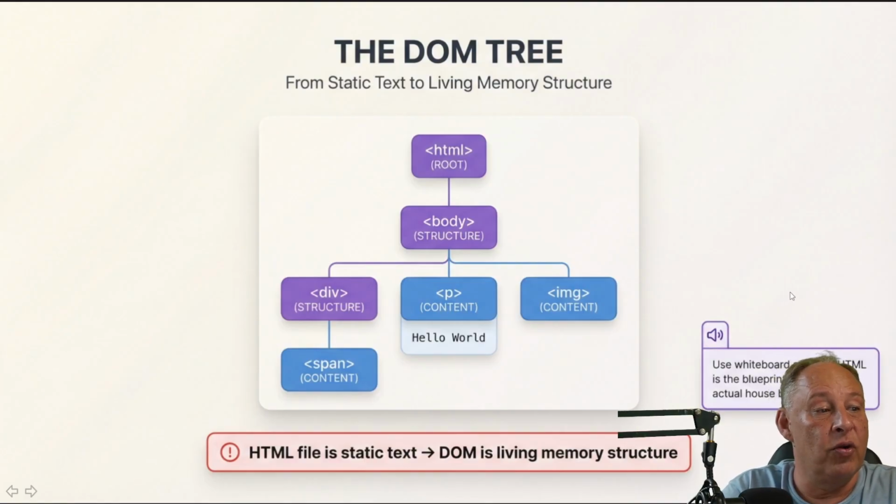So that's the DOM tree. We look at that in detail, so don't worry too much if you don't understand it now. Just understand that the whole structure of that whole web page is in different sections, and that whole structure is in memory.